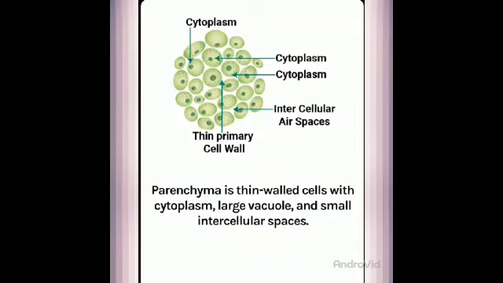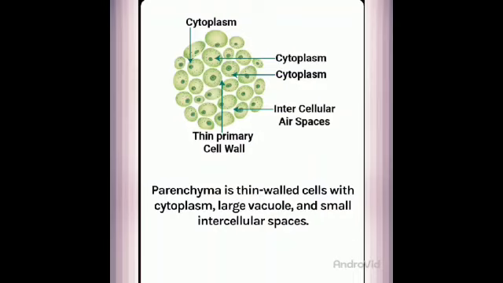So the cells of these tissues are thin walled, with cytoplasm and large vacuoles. Here you can see a large vacuole with dotted structure encircled. Inside it is a vacuole and a small intercellular space.